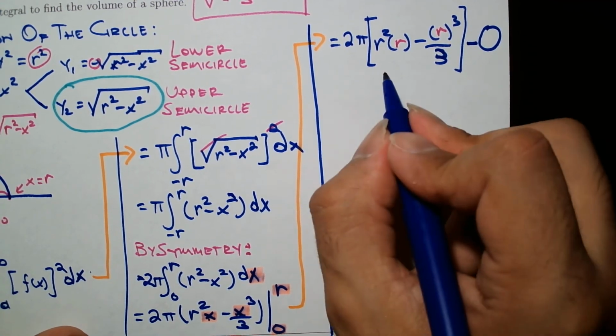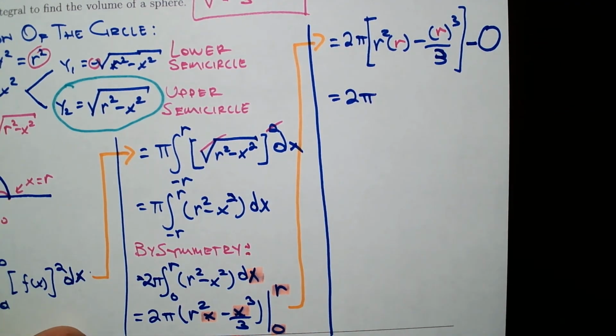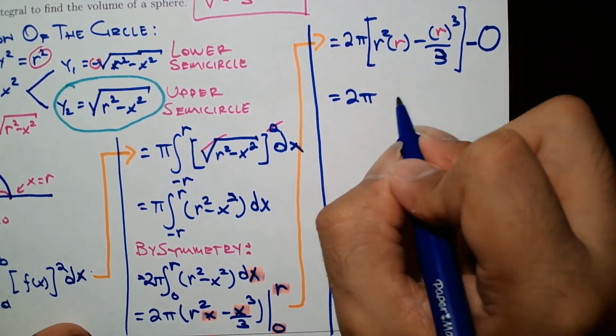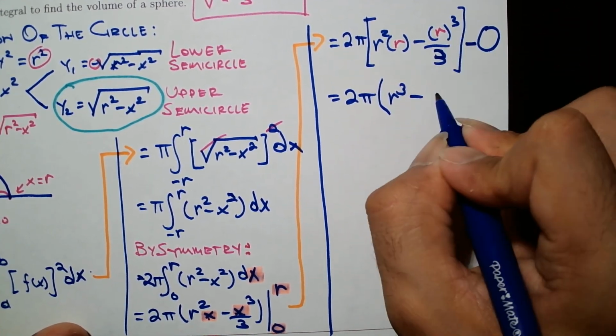So now let's simplify everything we have here in terms of r. r squared times r, that's going to give us r cubed minus r cubed over 3.